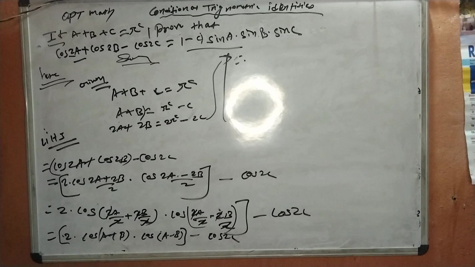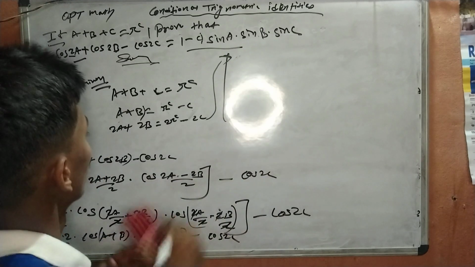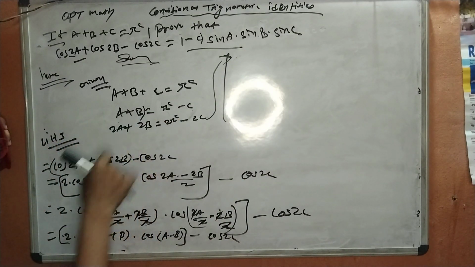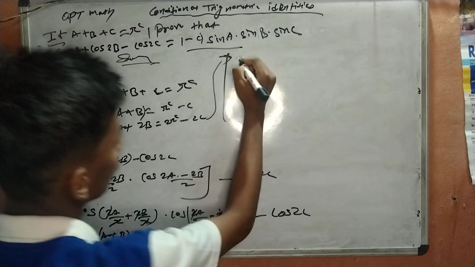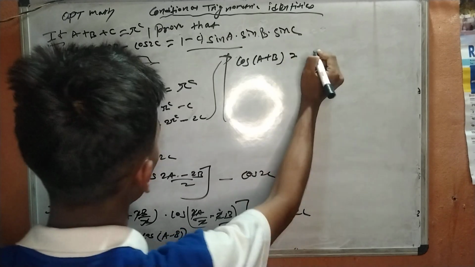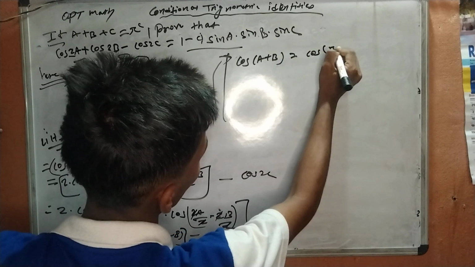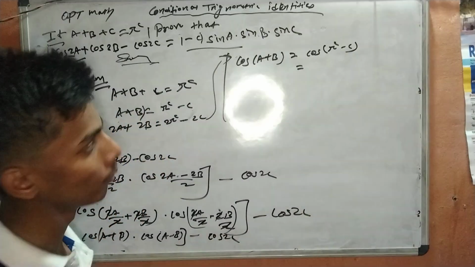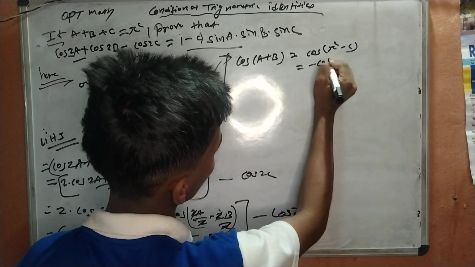So let's see. If I multiply both sides by cos, then what value will come? Cos a plus b is equal to cos pi radian minus c. The value will come as minus cos c. How?